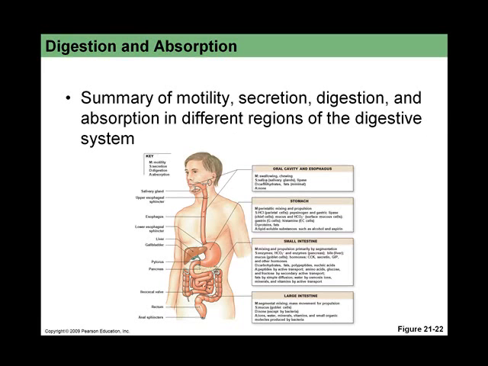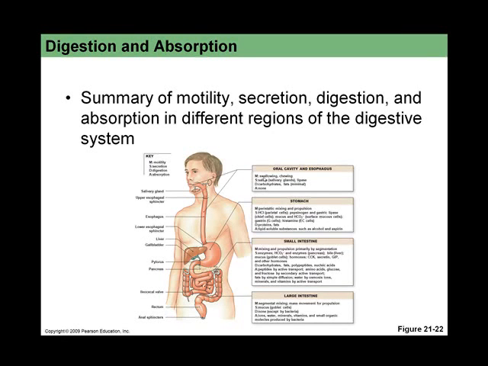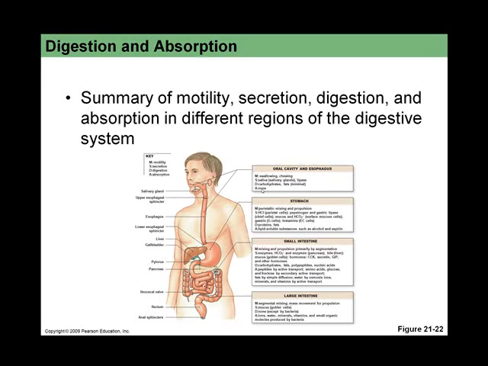In summary then, motility, secretion, digestion, and absorption in the different regions of the digestive system are shown on this slide. In the oral cavity and the esophagus, of course, there's swallowing and chewing, and then the saliva from the salivary glands, and there will be lipase contributed there as well. Carbohydrates and fats will be digested, and there's minimal or really no absorption, although you know that non-nutritive substances can be absorbed through the oral cavity.